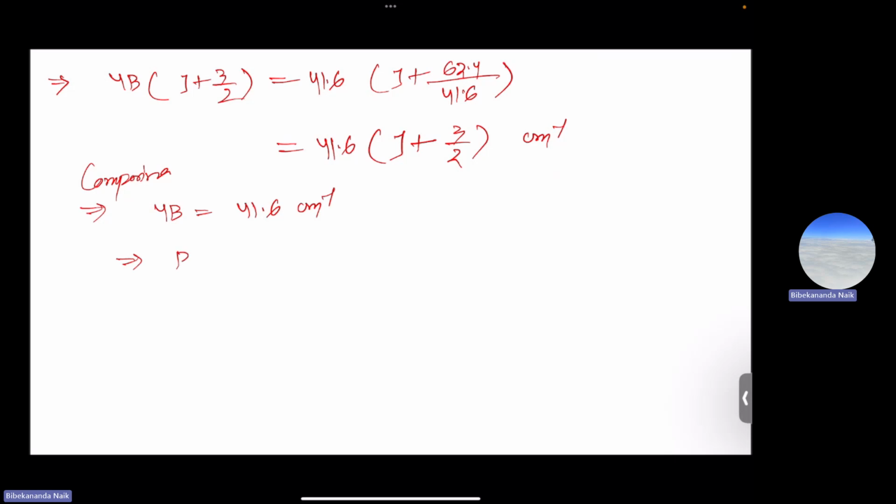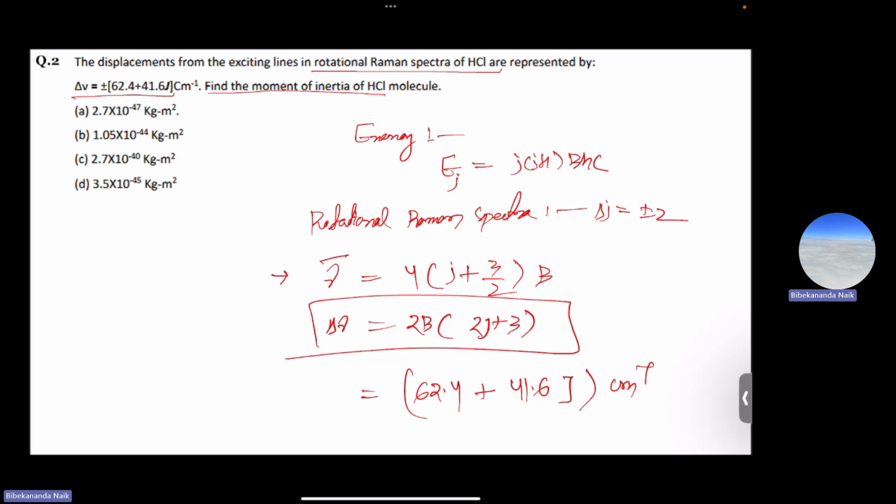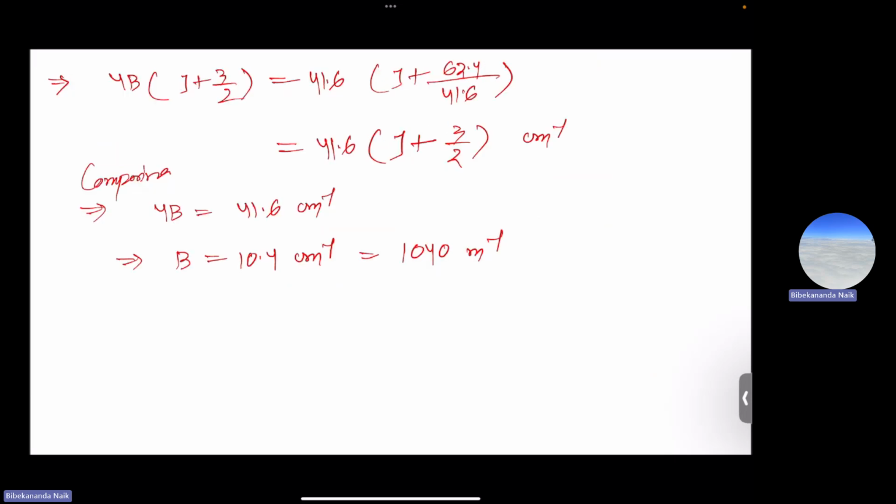That implies B is 10.4 centimeter inverse, or in terms of meter inverse it will be 1040 meter inverse, because in the question the moment of inertia is expressed in terms of kg into meter square, so we need to convert the wave number unit into meter inverse rather than centimeter inverse.